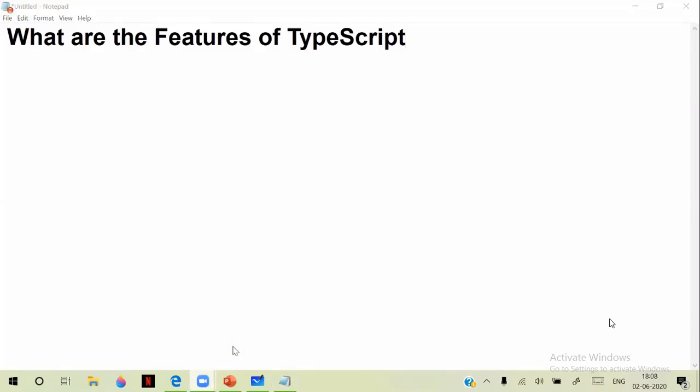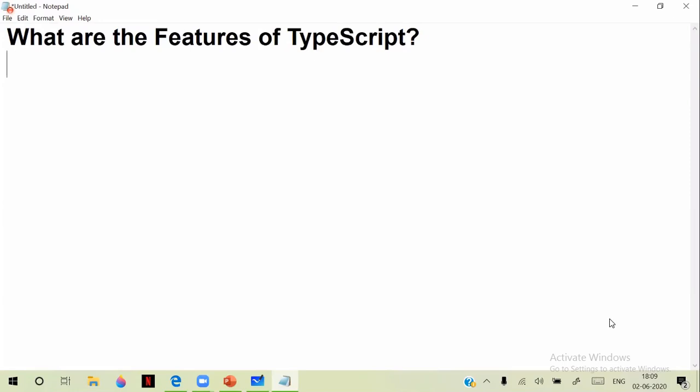Now, after understanding that, we need to understand the basic TypeScript architecture. We already learned about the features of TypeScript over JavaScript.